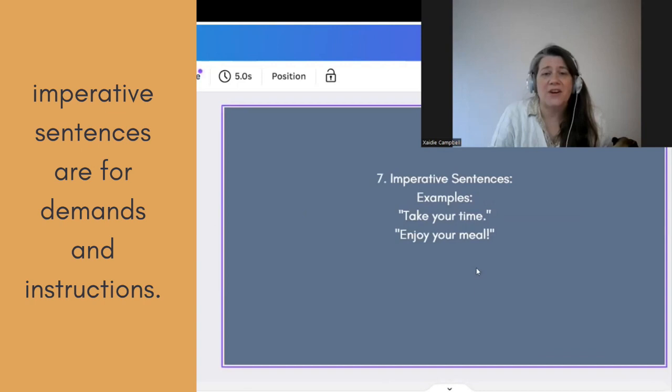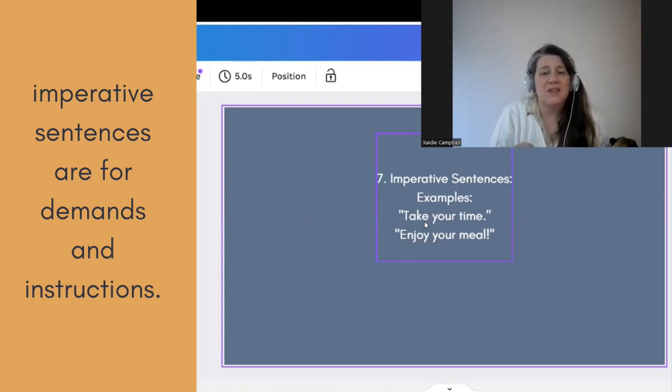Next, we have imperative sentences. Take your time. Enjoy your meal. These are sentences, but you don't see a subject. The subject is you. And this is a directive. We are telling you what to do. Take your time. Enjoy your meal.